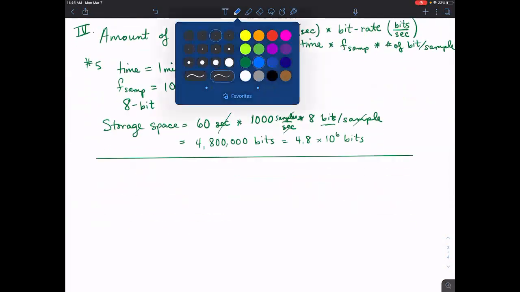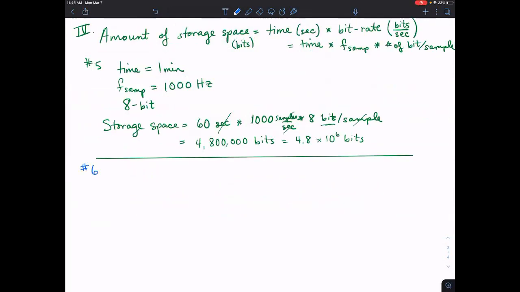Okay, so number 6 and 7 go together, just breaking it into 2 pieces. Number 6 says, what is the bit rate or digital bandwidth of a 16-bit stereo sample? So bit rate's the question mark. We have 16-bit. We have that word stereo in there, which implies 2 channels.